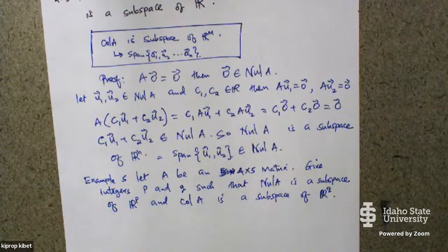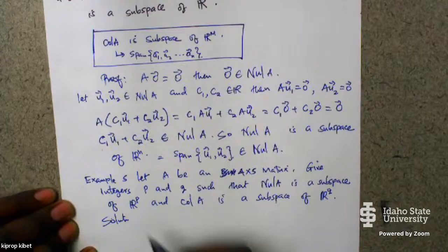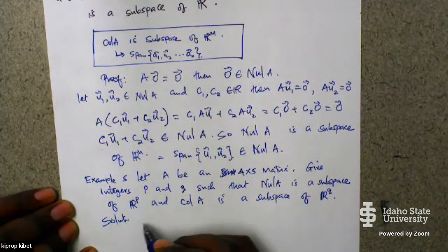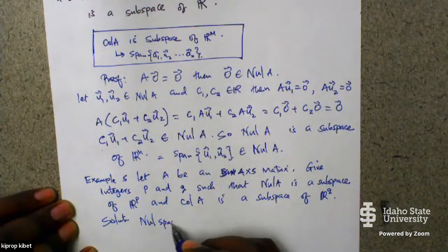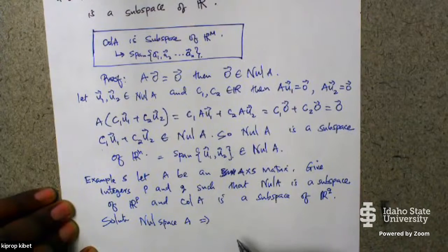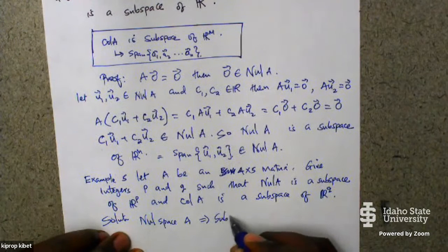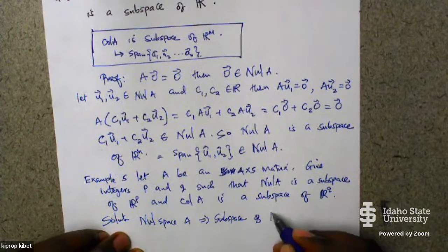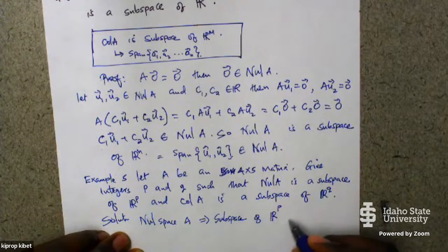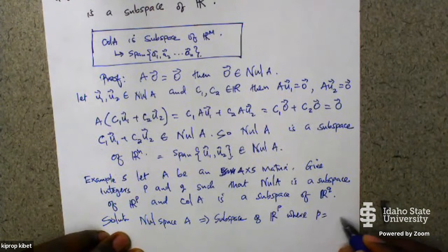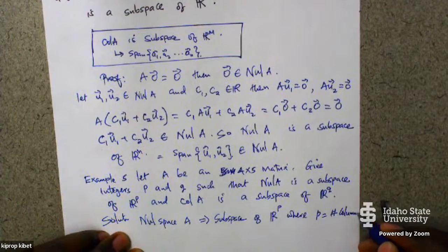And if this one is M by N, then for the column space of A, it is M. So therefore, the null space of A is a subspace of Rp, where P is the number of columns.